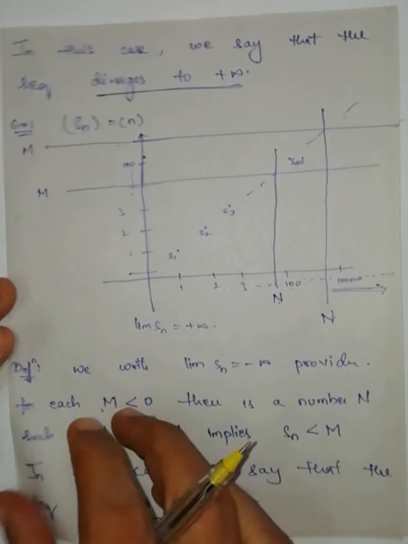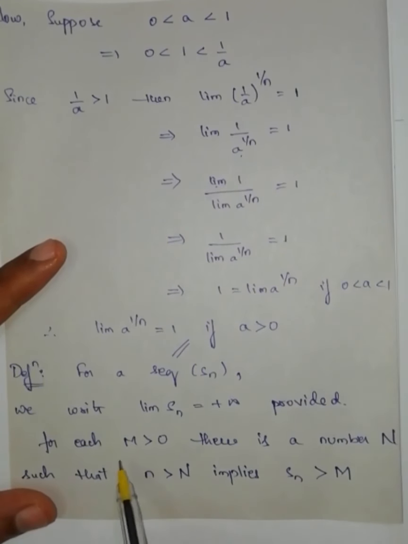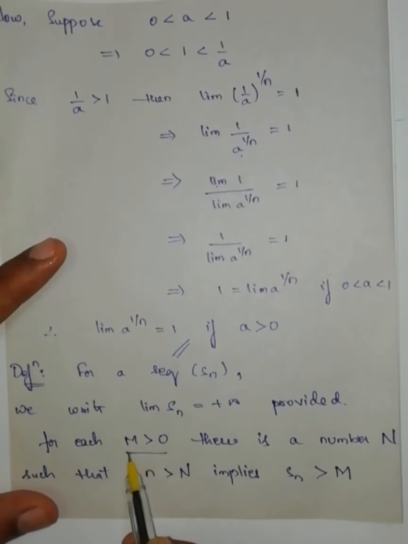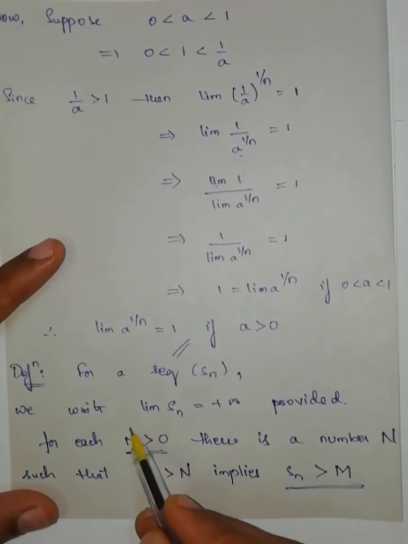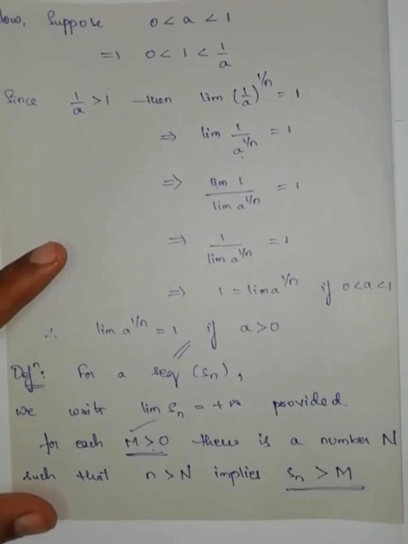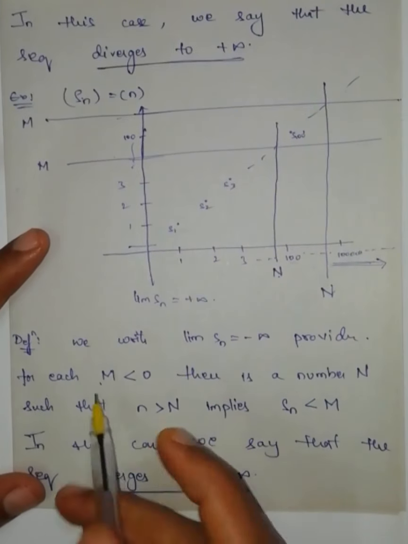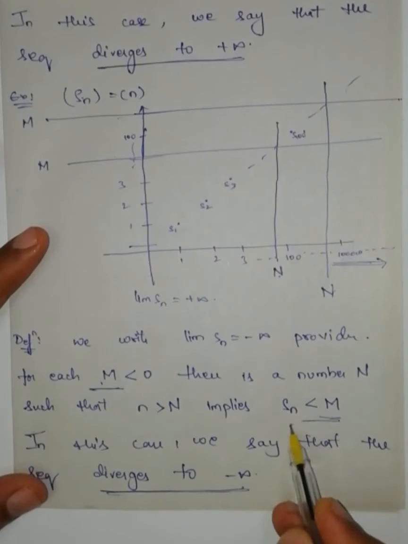For plus infinity, for each capital M greater than 0, Sn should be greater than capital M. For minus infinity, if I take any negative real number, Sn should be less than that one.